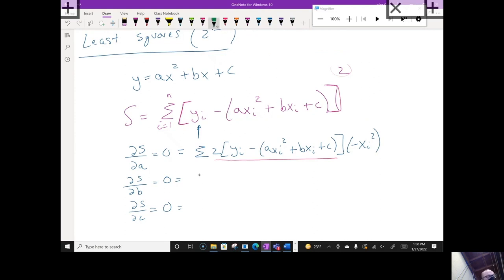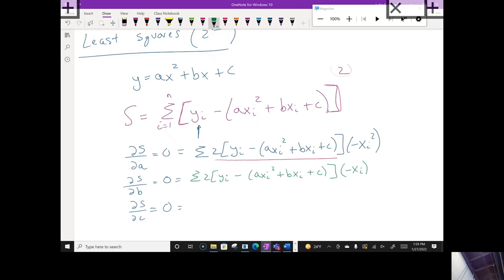So this one should be what? The summation of 2 times yi minus (a xi squared plus b xi plus c) times negative xi, right? If you notice, 2 classes already in this.